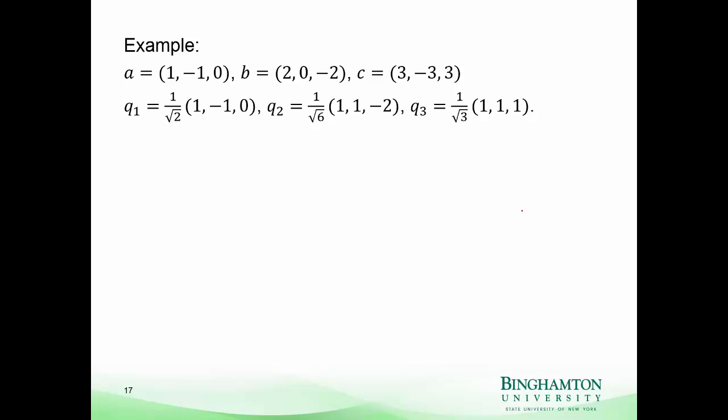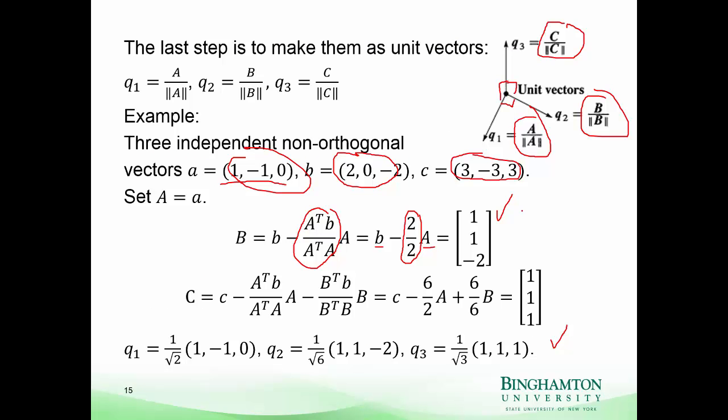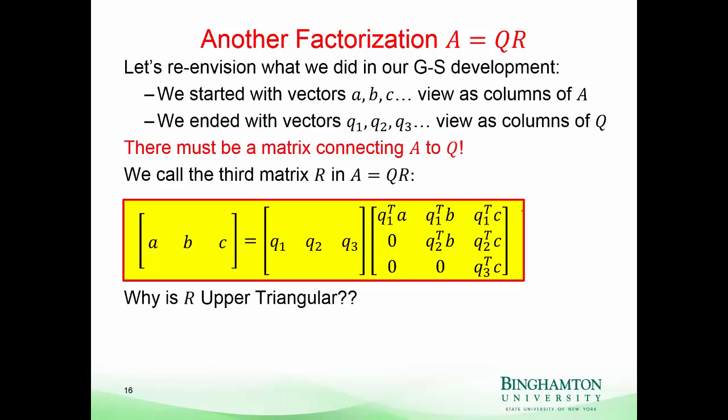So here's an example. I don't show you how to go from the ABCs to the Q1, Q2, Q3, but I think this is the example we looked at earlier. Let's just take a quick zip back. Yeah, that looks like the example that we already did.